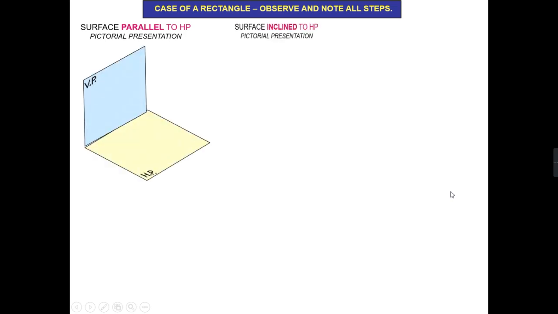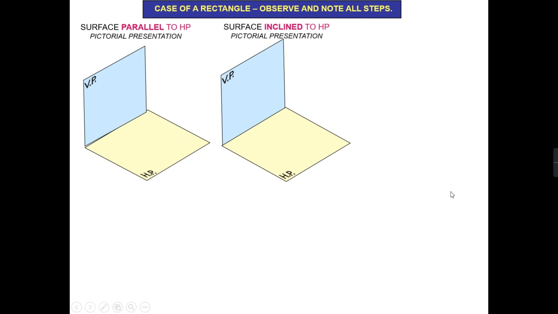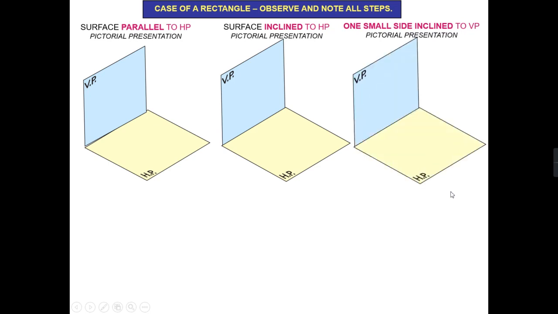Starting with simple examples of planes, suppose we have a surface that is parallel to the horizontal plane. How will it look in a 3D diagram? And also if the surface is inclined to the HP, and if it is inclined to both HP and VP.